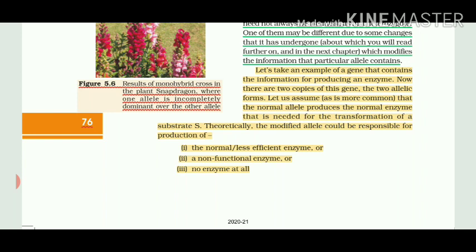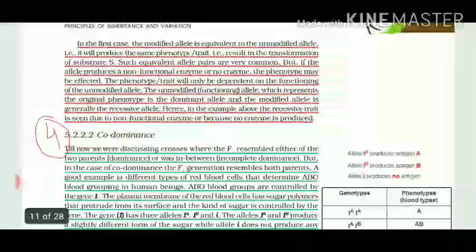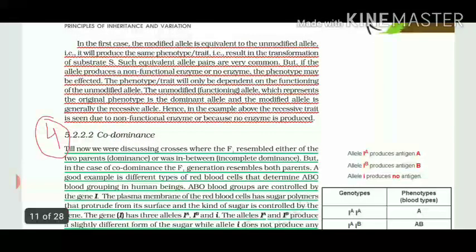So till now we have studied Mendel's laws, the law of dominance and the law of segregation, and this is a deviation from Mendel, where we have studied that there can be incomplete dominance. The modified allele that is formed may be equivalent to the unmodified allele. It may produce the same phenotype or it may change the results.